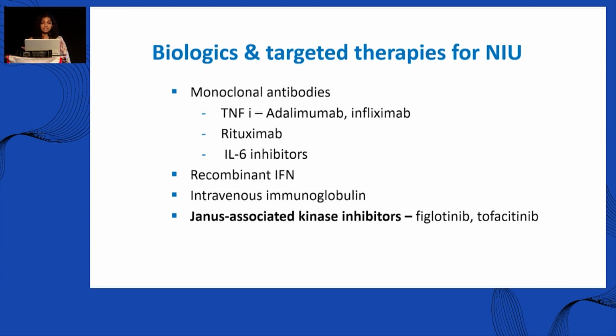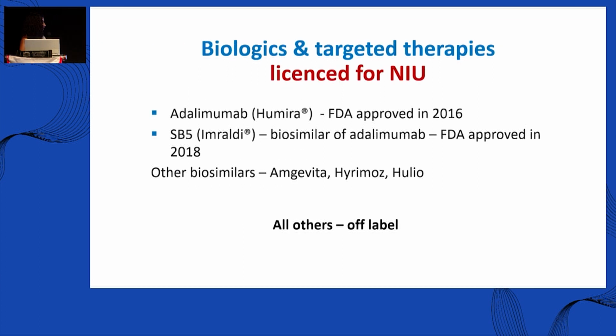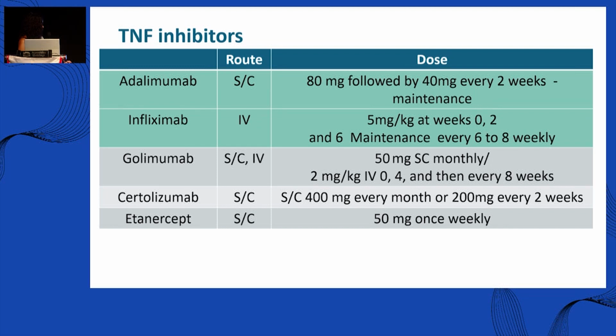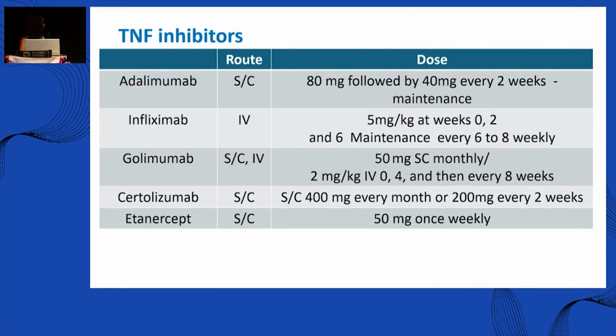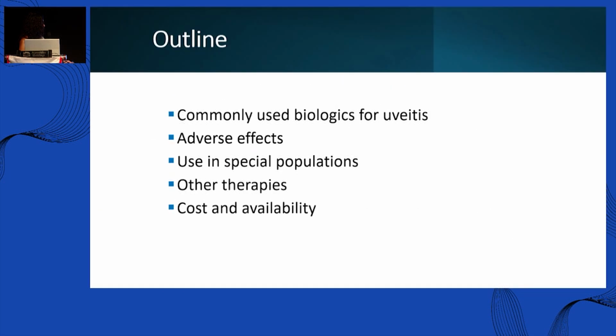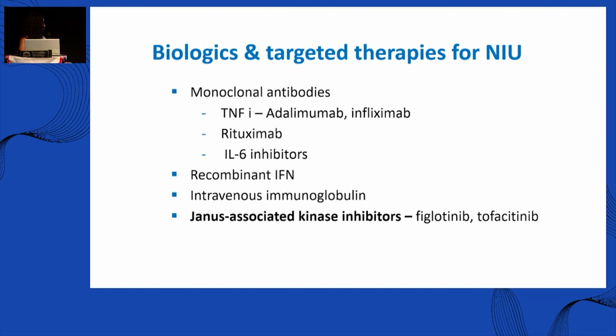Sometimes intravenous immunoglobulins, the human normal immunoglobulins, have been used. And then finally, the targeted synthetic DMARDs, those are the JAK inhibitors, which are small synthetic molecules available as oral tablets, are also being tried out for uveitis.